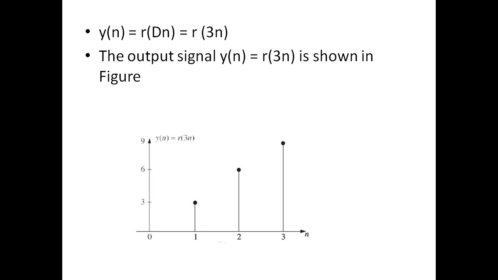Now we'll consider the factor of decimation. So y of n will be equal to x of 3n. Every third sample will be taken at regular intervals of 3, and the remaining in-between samples will be totally removed from the analysis.